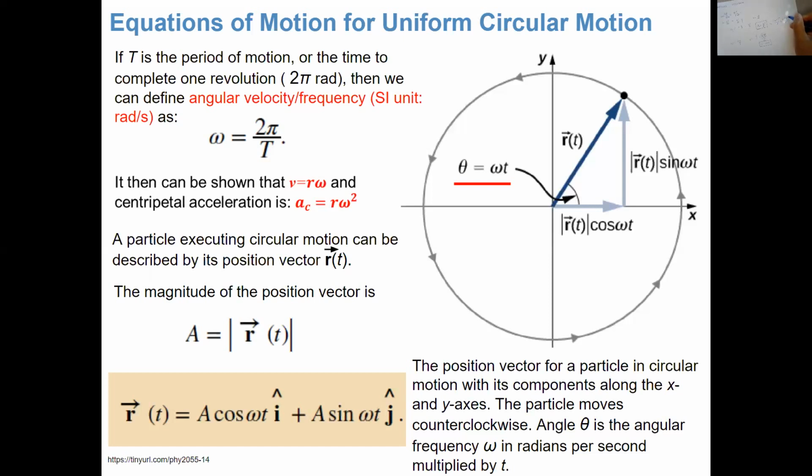One r will cancel out the square on top, so it gives you omega squared times r, or r times omega squared. So centripetal acceleration can be written as r times omega squared. Either this way or that way, right? These are the two expressions for centripetal acceleration.